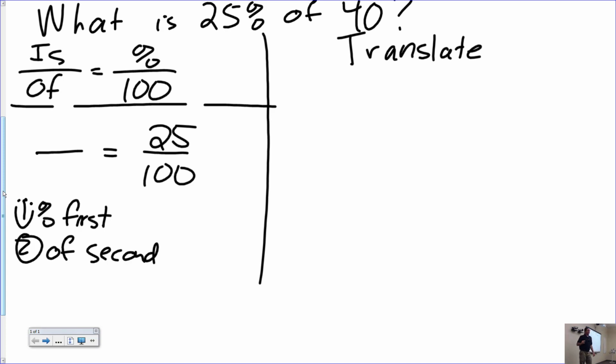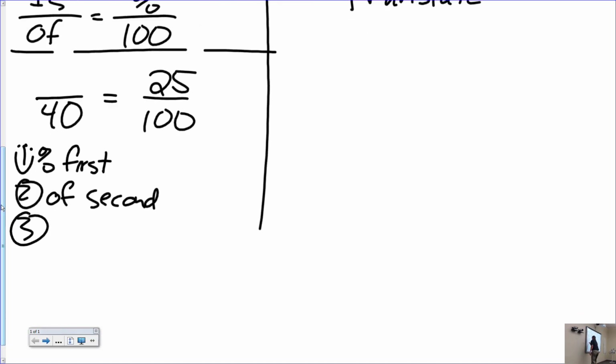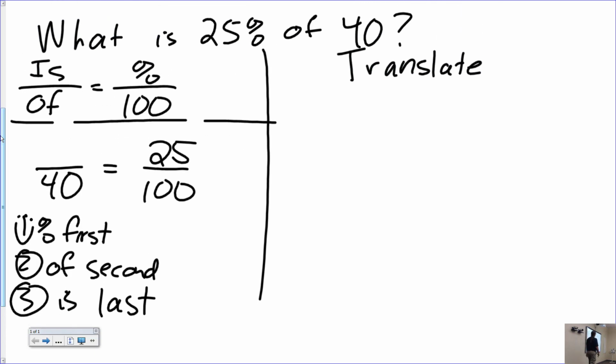Fill in the number that's after the word of second, and always put it where the word of is. What number up there follows the word of? 40. Put it where the number 40 is. And then last but not least, do is last.